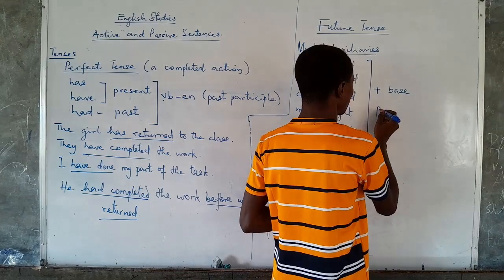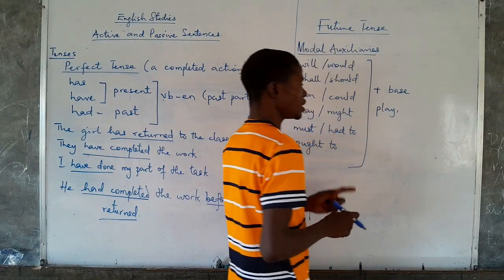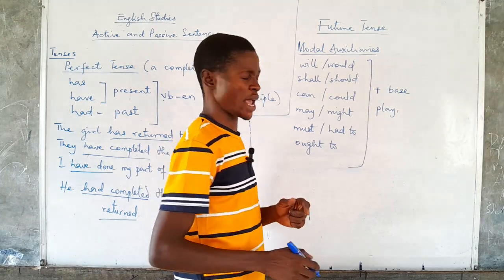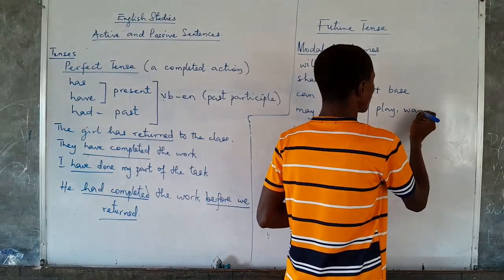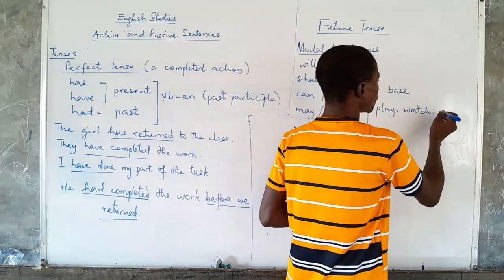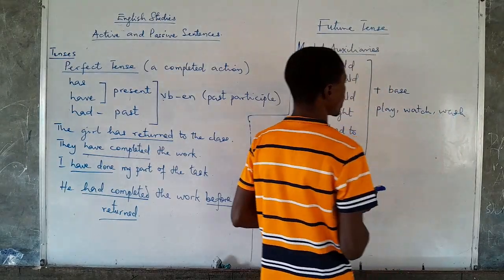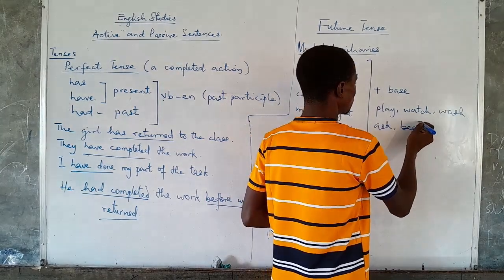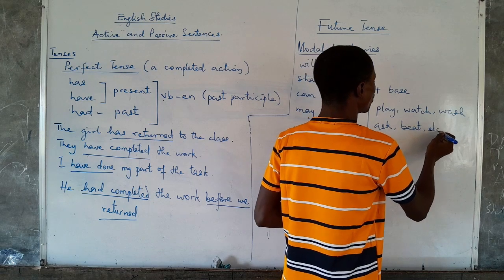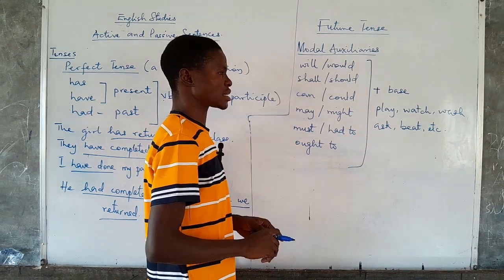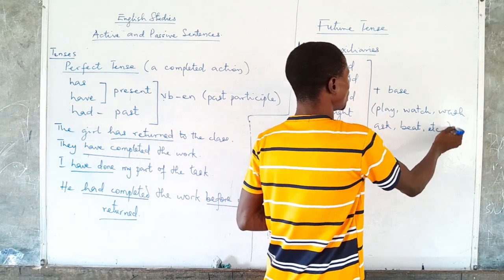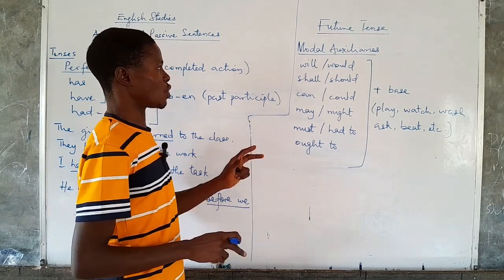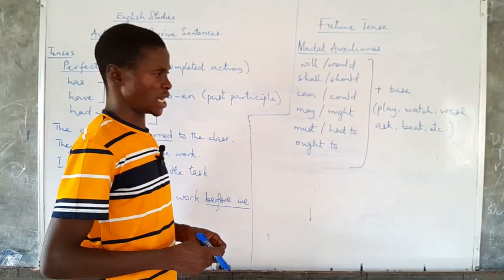What are these verbs we're talking about? We talk of play, not played, not playing, not plays. We have watch, we have wash, we have ask, we have beat, and so on and so forth. The base of the verb will have to be used when we're talking of future tense.